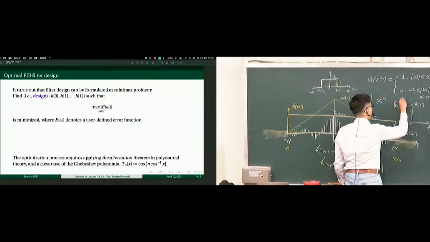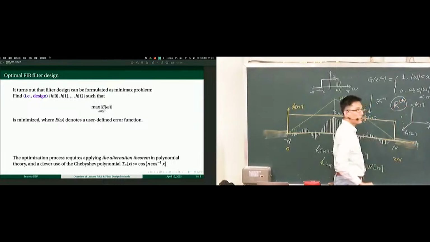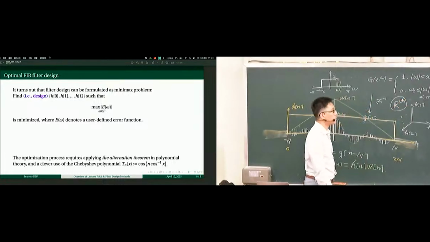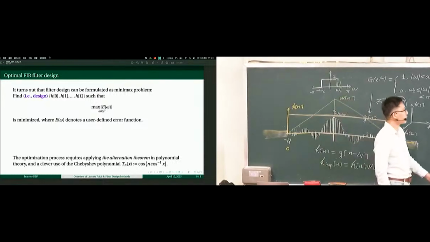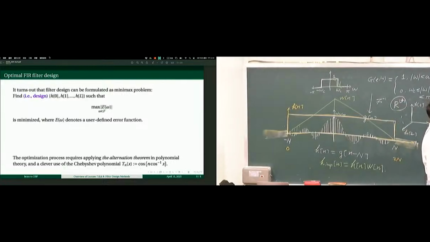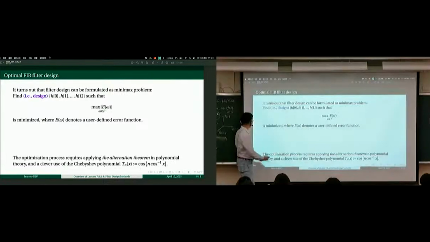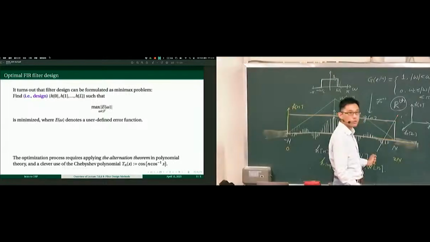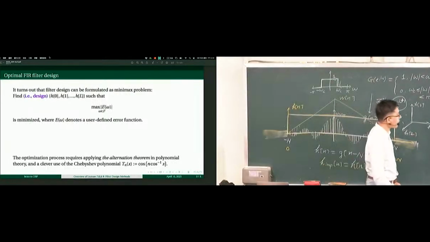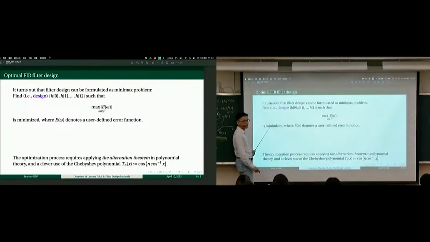It's a search within this space for any vector that minimizes the maximum performance deviation. That's called optimal design. The entire framework can be stated as a minimax problem: finding your design in the space of L+1 dimensions such that the maximum error is minimized.